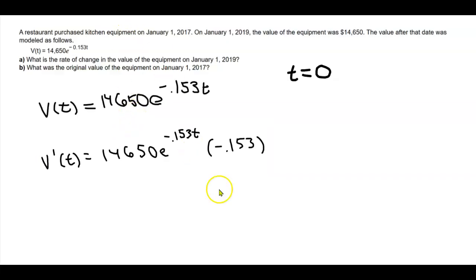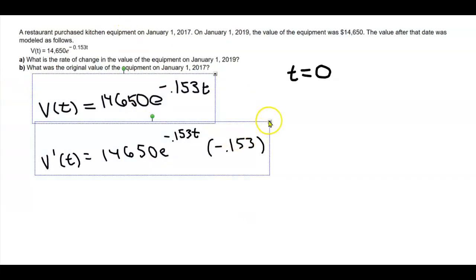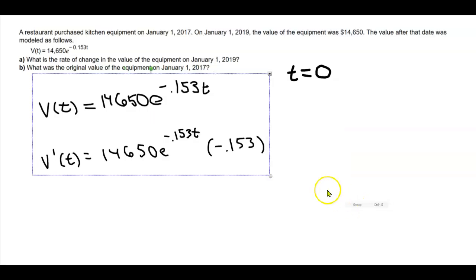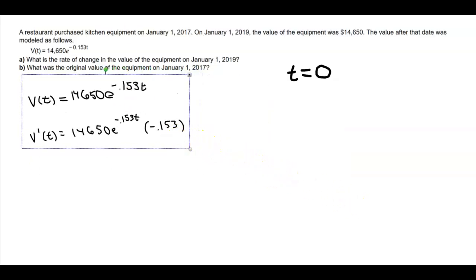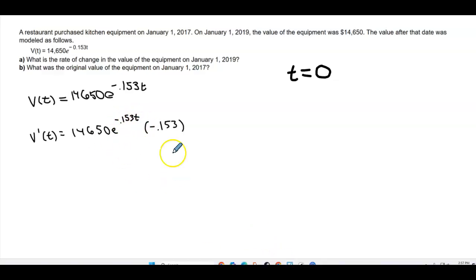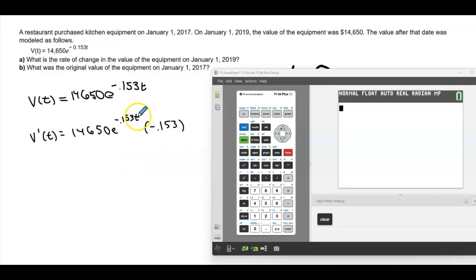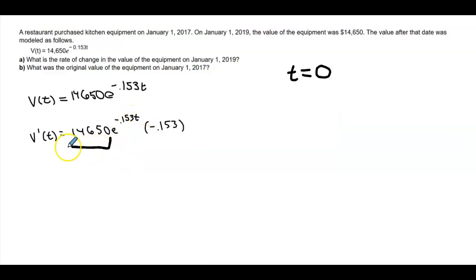So we've got the derivative, and specifically we want to know the rate of change on January 1st, 2019. So that's t equals 0. If I make t equal 0, you can put this in a calculator. Now if I make t 0, I'm just going to get this 14,650.